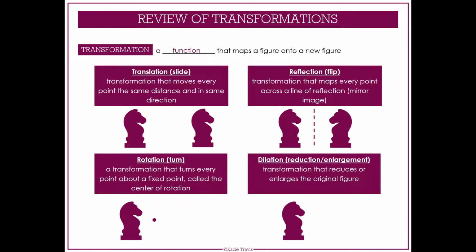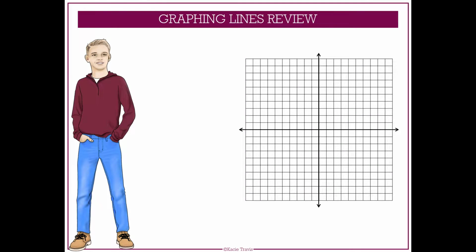We have to do a little bit of review before we jump in. First, we want to talk about graphing some lines, because these are going to be the mirrors that we look at for our reflection. Here's our good old friend, the coordinate plane, back from Algebra 1.